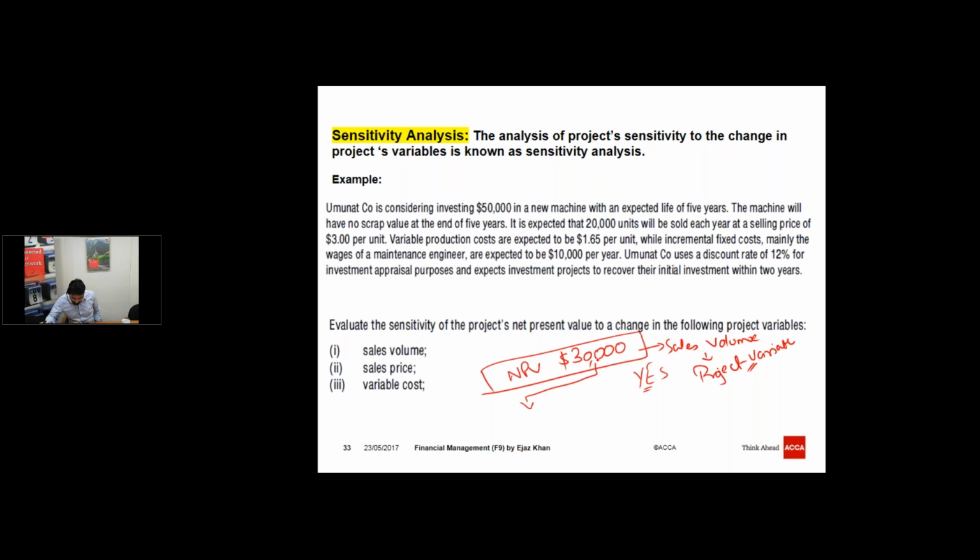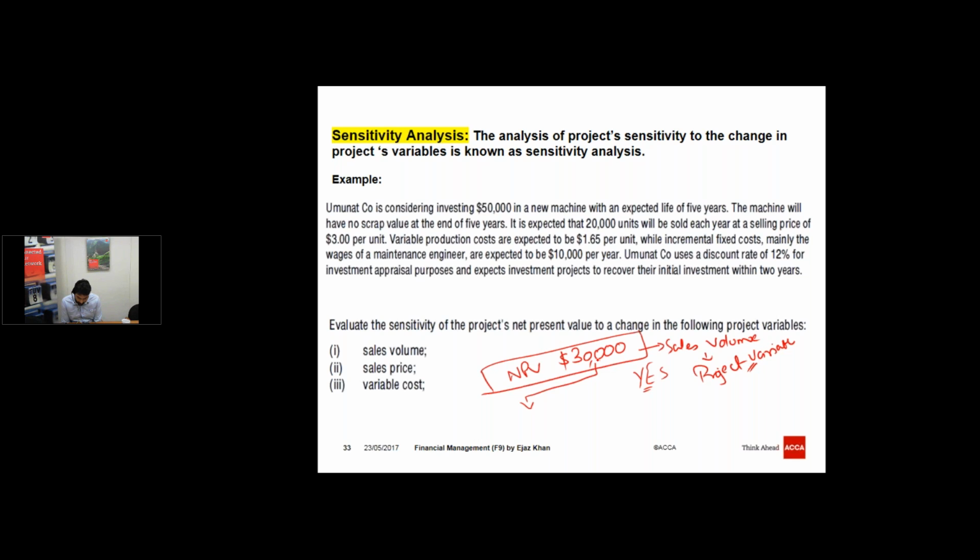So all the components which we use to calculate NPV are called project variables, and a change in a project variable will change our NPV. So we will be concerned about the change in our project variables.